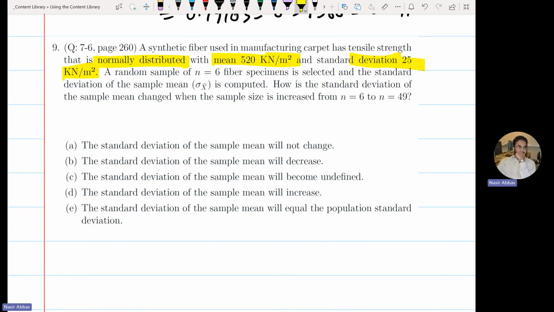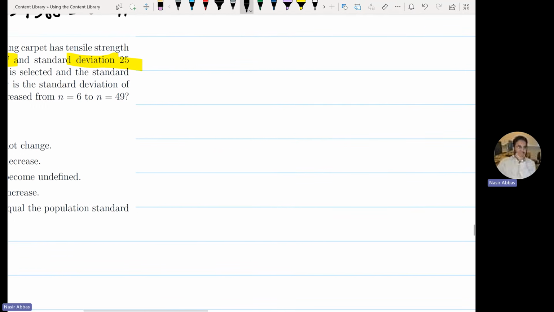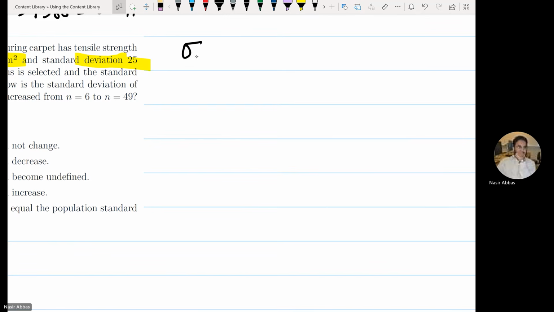Then what's the question? A random sample of n equals 6 is selected and the standard deviation of sample mean is computed. What is the standard deviation of sample mean? Before we get into the question, what is the standard deviation of sample mean? No, not sample standard deviation.